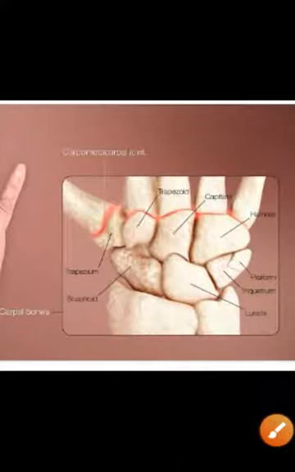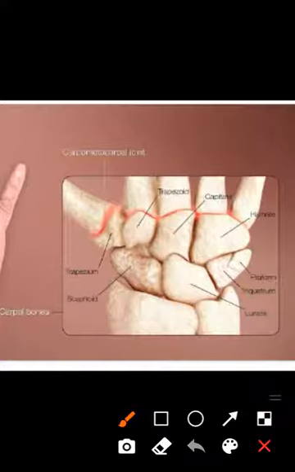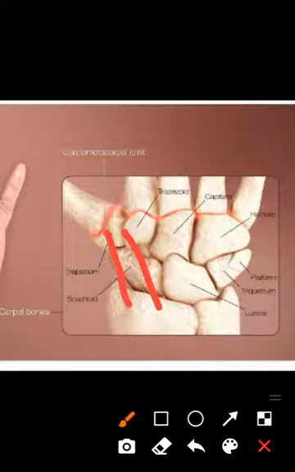Clinically, the scaphoid is important because the anatomical snuffbox is present over the scaphoid bone. In this region there are two muscles: this is the extensor pollicis brevis, and this is the extensor pollicis longus.